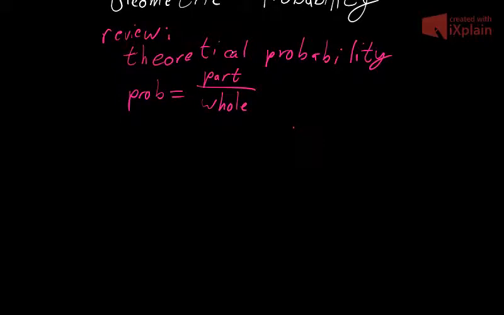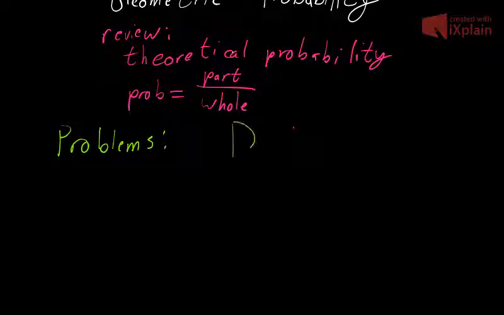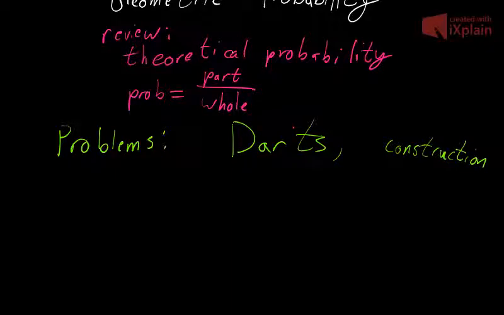So for geometric probability, our problems are going to look like darts. There'll be a lot that say we are throwing darts. There's going to be things for construction. There's going to be things about dropping balls onto a sheet of paper, which I think is kind of ridiculous.